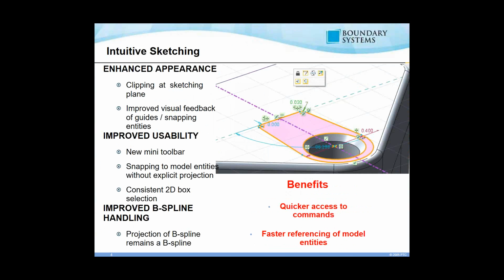That's sort of how it looks. So if you're sketching on a plane where there's some geometry protruding outside of that plane or on top of that plane, a lot of times you have to rotate or navigate around that. Now it's easier to just say, hey, let's clip all the geometry based on my sketch plane, and that way it'll get rid of any geometry that's over that, and it makes it much easier now to sketch and use Creo with that.